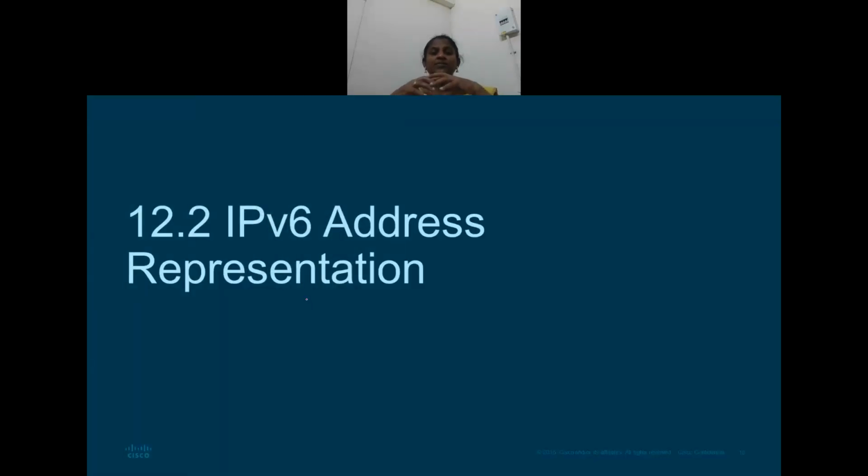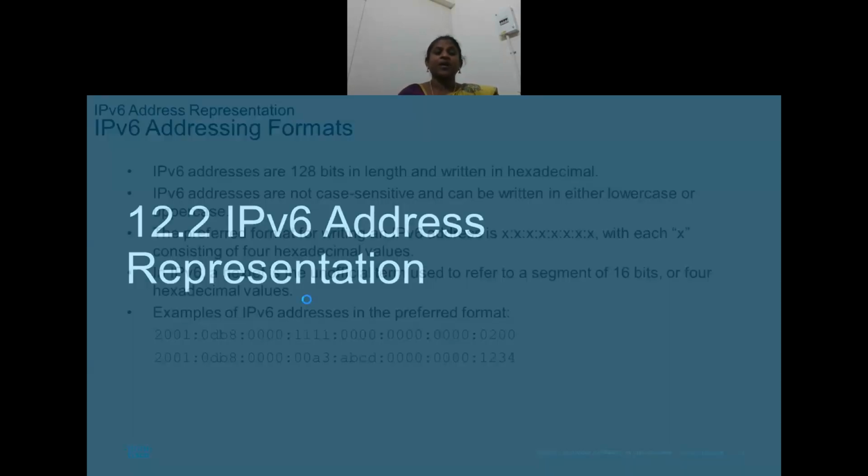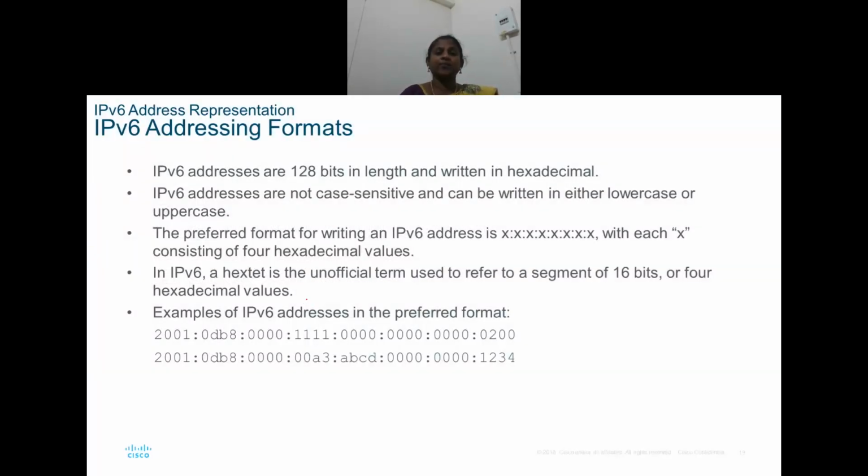So how are IP version 6 addresses represented? You know IP version 6 is 128 bits long. It is a very vast address. And it is not case sensitive. For example, I can even write EF, AB. This can even be a representation of a version 6 address, right?